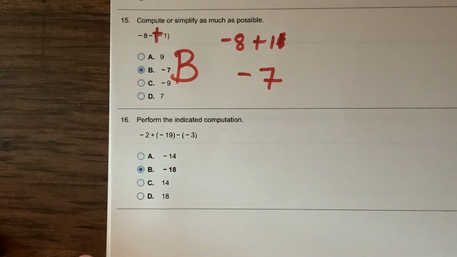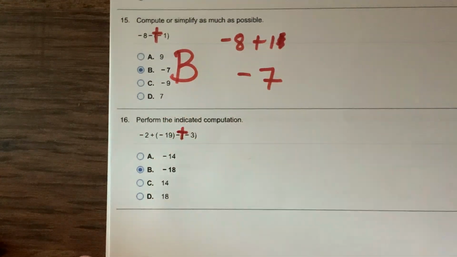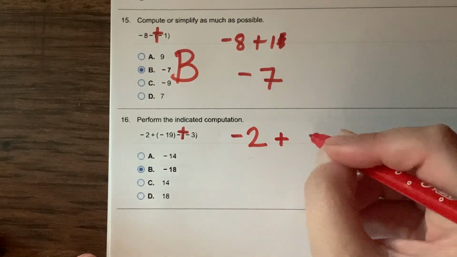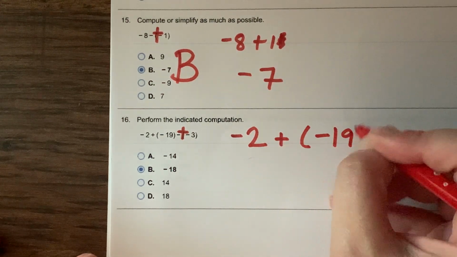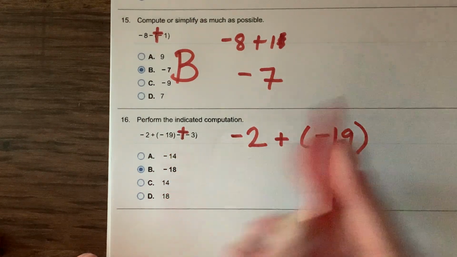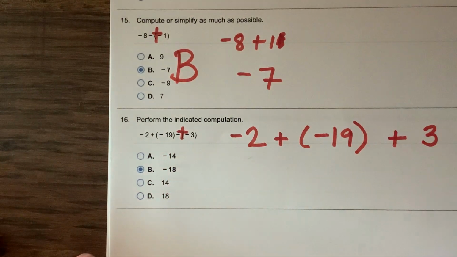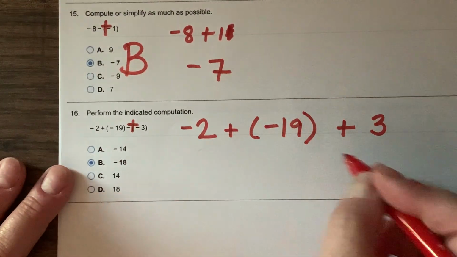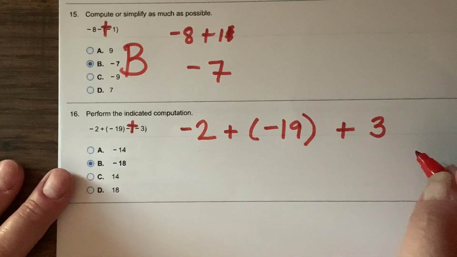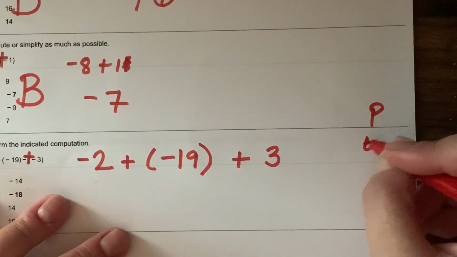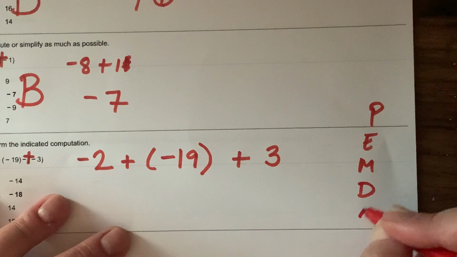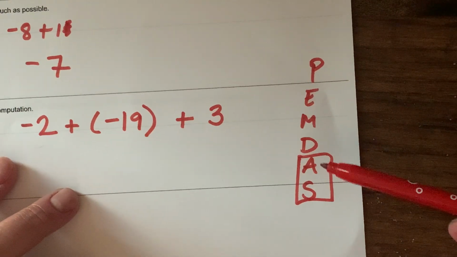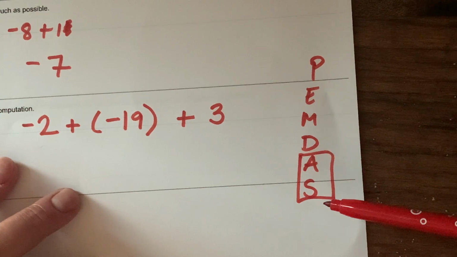All right, let's look at number 16. First, I'm going to look for a double negative. And hot diggity, there she is. Right before that 3. So this makes -2 plus open parentheses -19. And then this double negative on the 3 just makes +3. Okay, and then let's see what we have left over. All we have left over is subtraction and addition. And if you remember from PEMDAS, if you only have addition and subtraction left, you don't have to do all the add first, then the subtract.